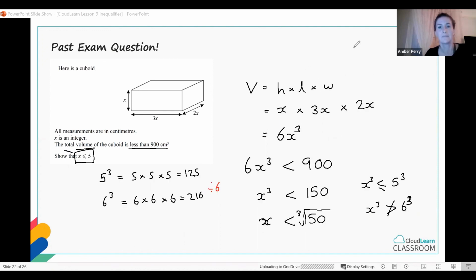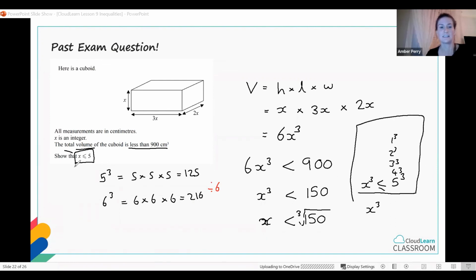Okay, so 1 cubed, 2 cubed, 3 cubed, and 4 cubed are all less than 150. So that all fits into x is less than or equal to 5. But as soon as we get to 6 cubed, which is 216, which is greater than 150, this is not possible.